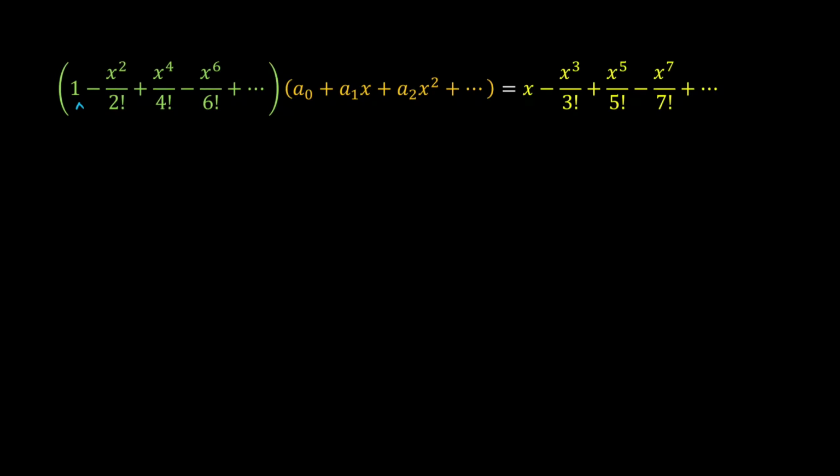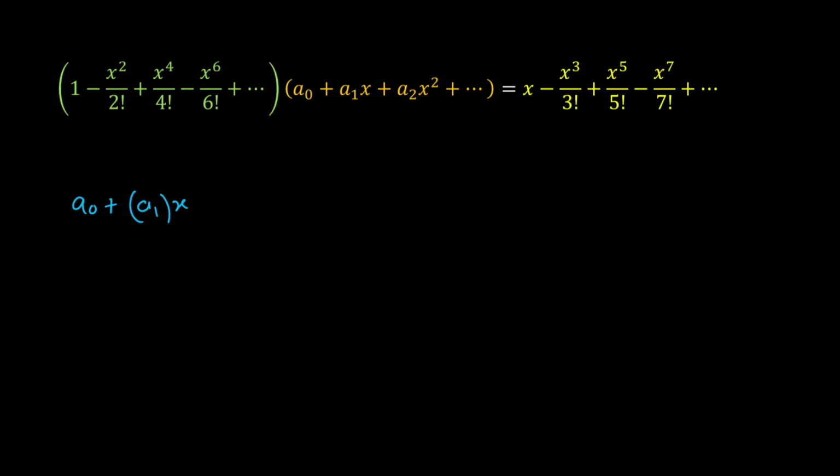In the constant term, we will obtain 1 times a0, that is a0. Now to find the coefficient of x, we multiply the constant term with the term containing x. So 1 multiplied by a1x gives us a1x.